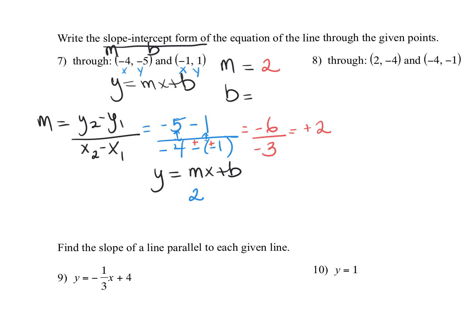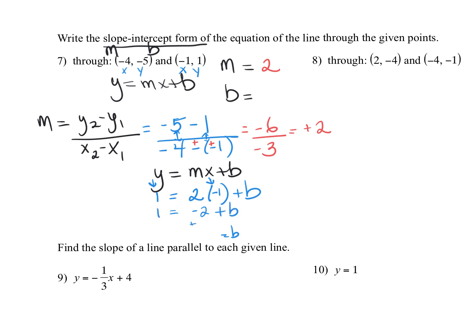So I'm going to use -1, 1, just because those are nice, easy numbers. So x is my negative 1, y is my positive 1. And here we now solve for b. I need to get b equals. So 2 times a negative 1 is a negative 2.